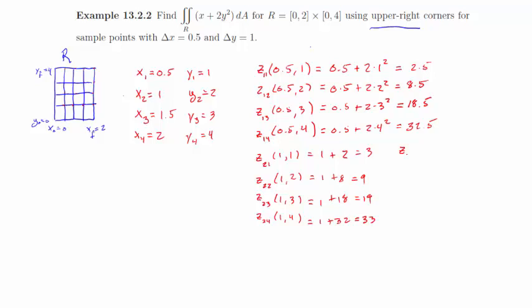And so now I'll do z sub 3, 1, z sub 3, 2, z sub 3, 3, z sub 3, 4. And here we now move to x is 1.5.